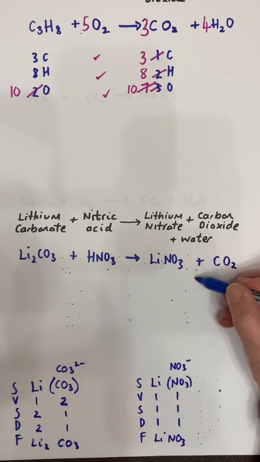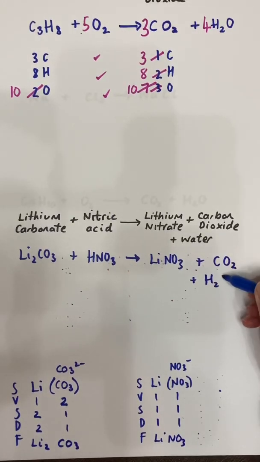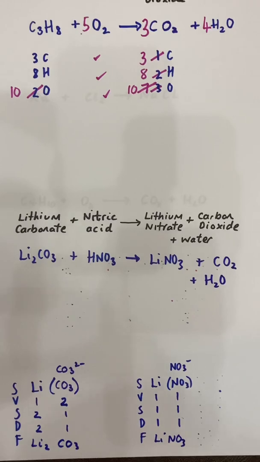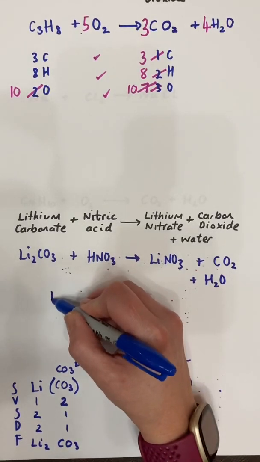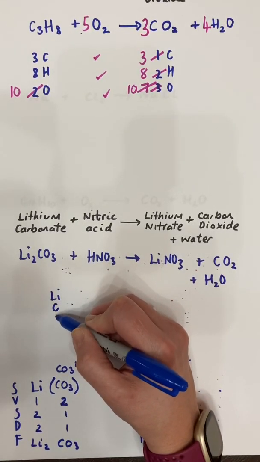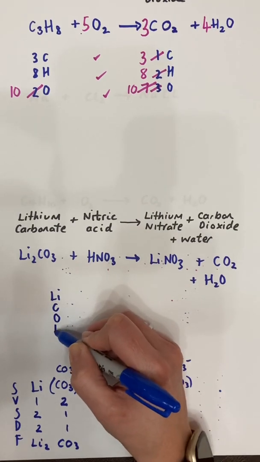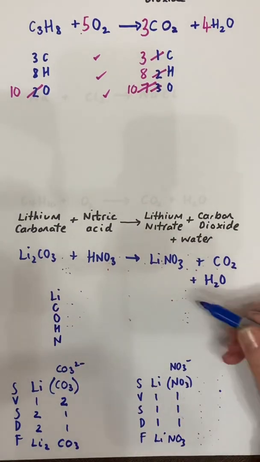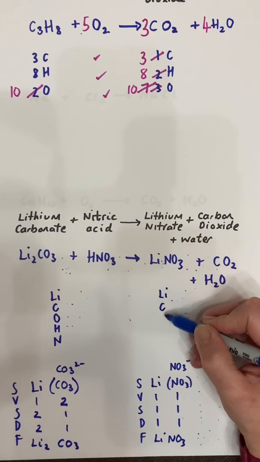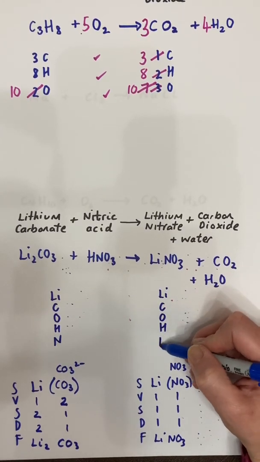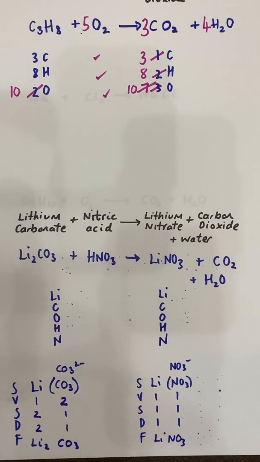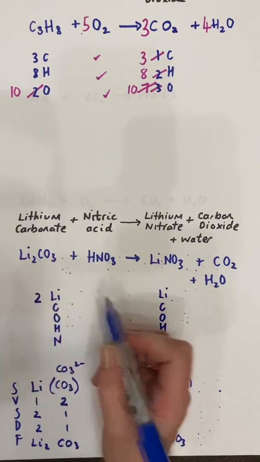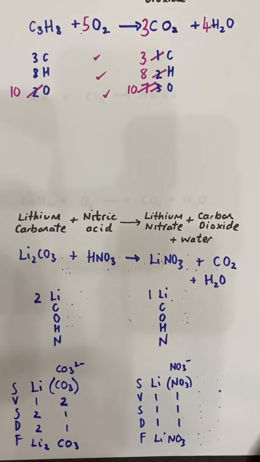And plus water. I'm going to put it in here because I've not got space, plus H2O, water. Right, to balance again, let's go. Li, C, O, H and N. Lithium on here 2, lithium on here 1.